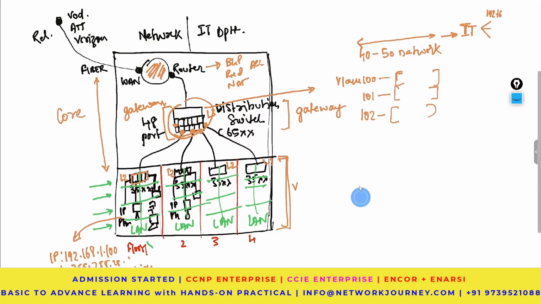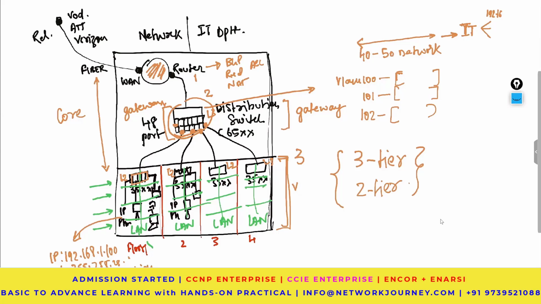Okay. So we will see in the next class what is three-tier architecture and what is two-tier architecture. So three-tier is 1, 2, and 3. So this is three-tier architecture. Two-tier architecture means when you collapse the core and distribution into one and keep access separately.